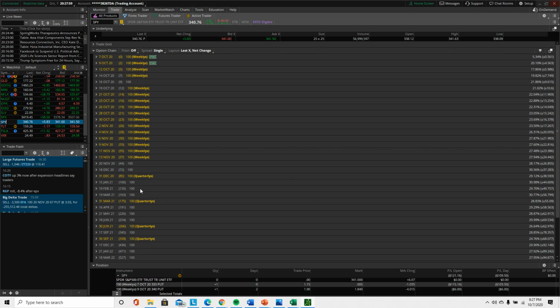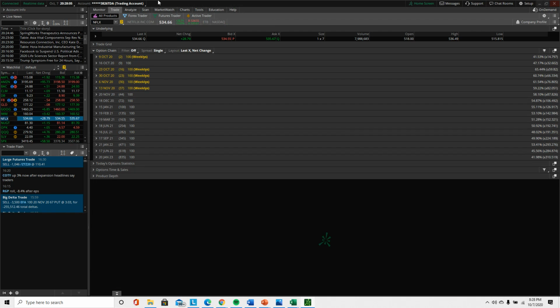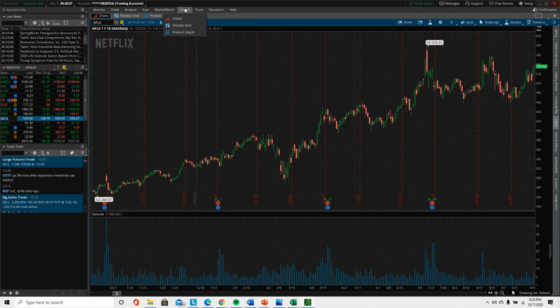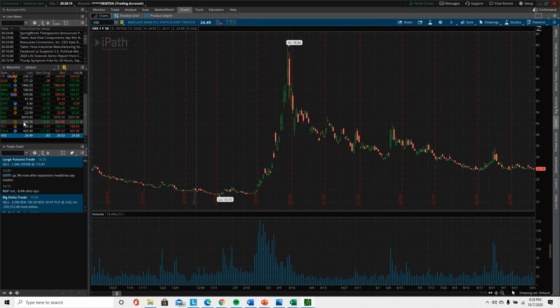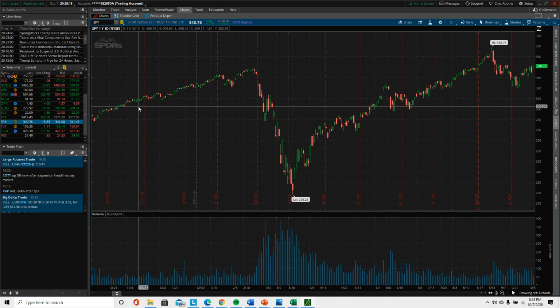My trade changes automatically, though there was a delay. If I click on Netflix, this changes, this changes. It makes it a lot easier to toggle between positions to look, especially when you're looking at the volatility and the S&P 500. So next, let's update our chart. Our chart's going to be, for technical analysis, extremely important.